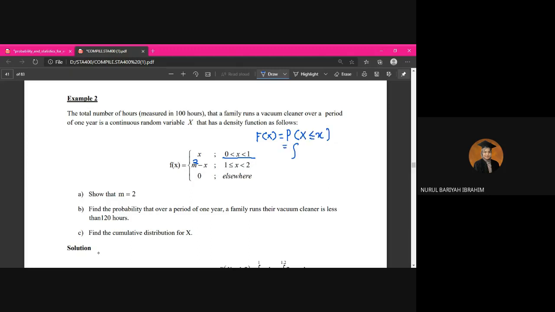So we simply integrate ft, which for this first interval is t. We replace x with t. So we integrate the function t with respect to t from 0 until x, because we want less than or equal to x. That is for the first interval.